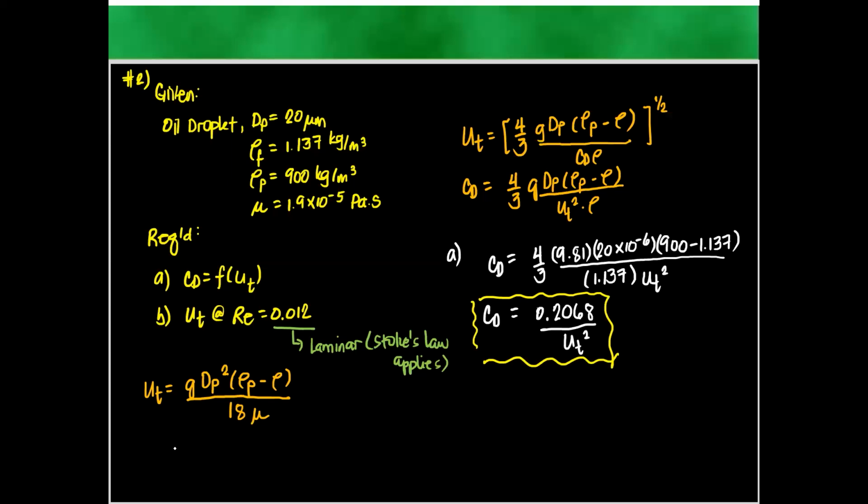Can you please help me solve this one? 9.81, 20 times 10 to the negative 6 squared, 900 minus 1.137 all over 18, 1.9 times 10 to the negative 5. What is the answer?